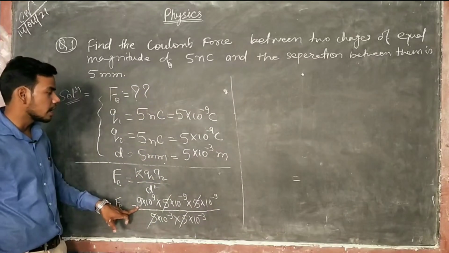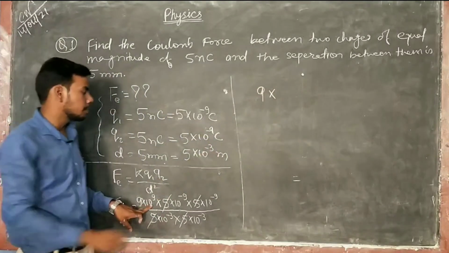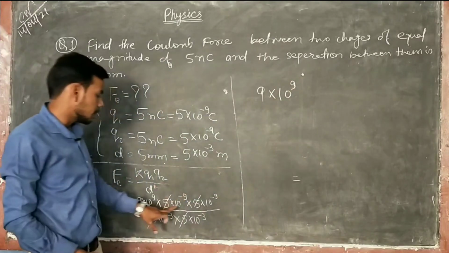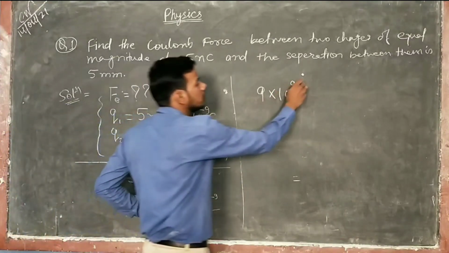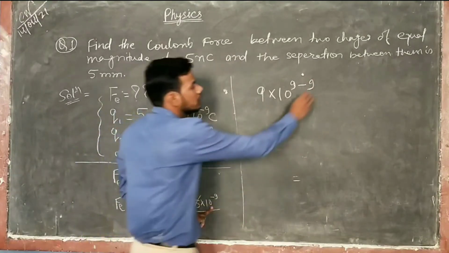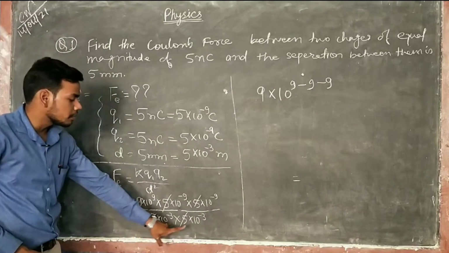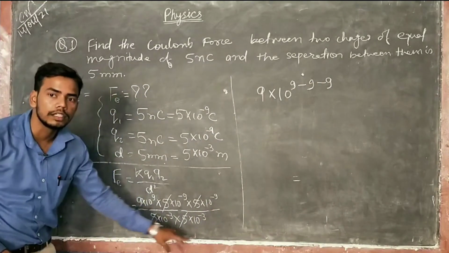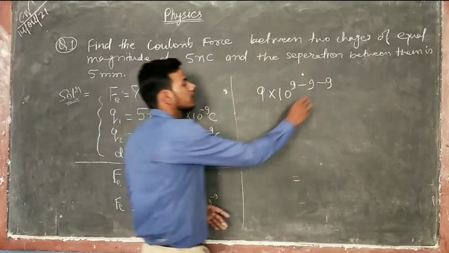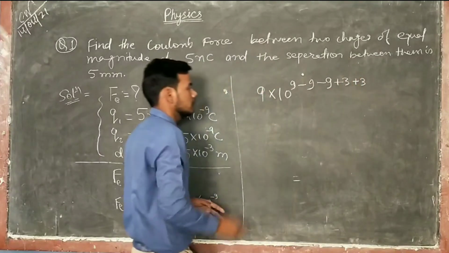The remaining terms are 9 here, 10 to the power 9 here, 10 to the power minus 9 here, again minus 9 here, and in the denominator side 10 to the power minus 3, 10 to the power minus 3, which are taken in the numerator as 10 to the power plus 3 and 10 to the power plus 3.